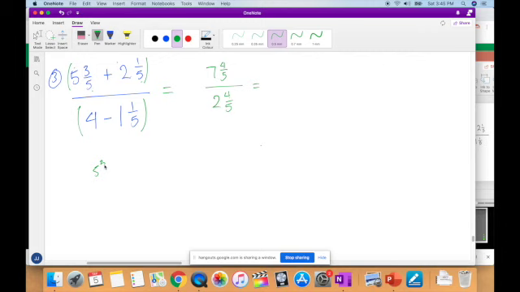If it was 5 and 3/5 multiplied by 2 and 1/5, divided by 4 multiplied by 1 and 1/5, that would have been the same as 5 and 3/5 multiplied by 2 and 1/5 divided by 4 multiplied by 1 and 1/5, and now you could have cancelled anything with anything, the same thing as the example we were doing just now. So that definitely works with multiplication if you had multiplies right through.